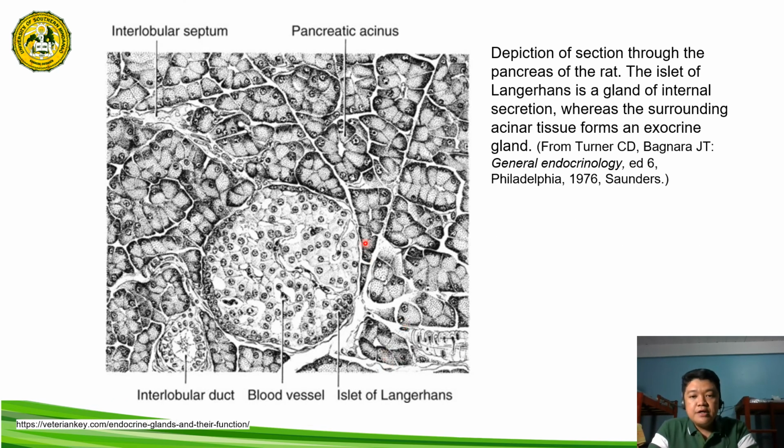We also have here another depiction of a section through the pancreas of the rat, showing the islets of Langerhans. We have here the blood vessels, the interlobular duct, and this portion here represents the pancreatic acini.